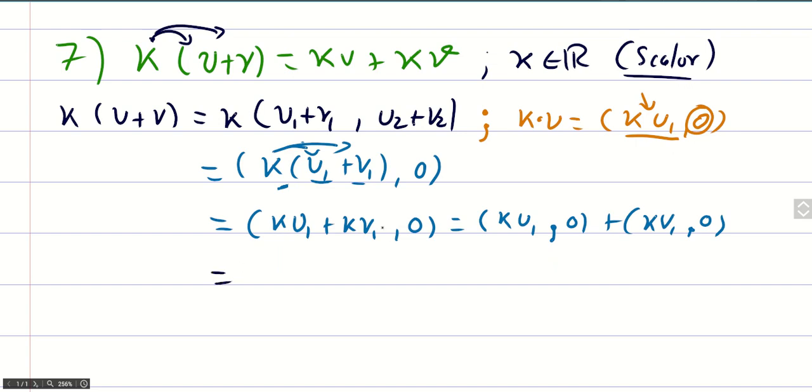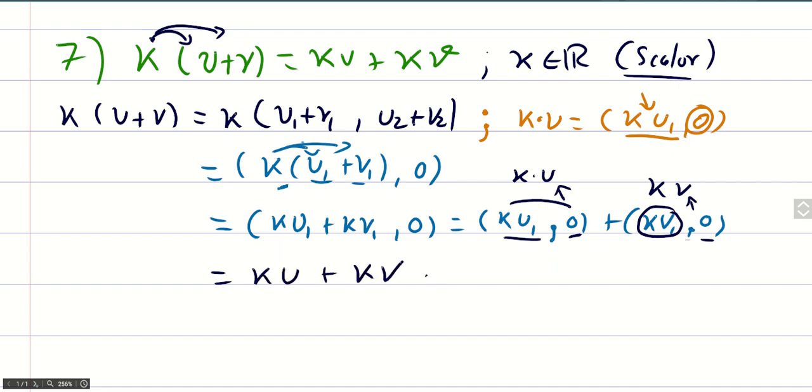And you can see that this actually corresponds to ku and this to kv. Here we have k multiplying the first component of v, and here k multiplying the first component of u, so this equals ku plus kv.